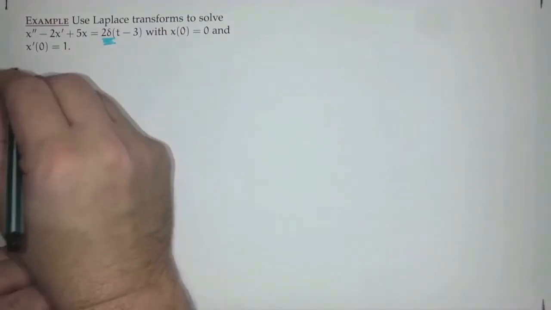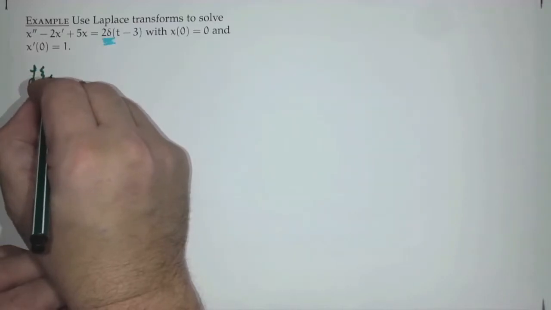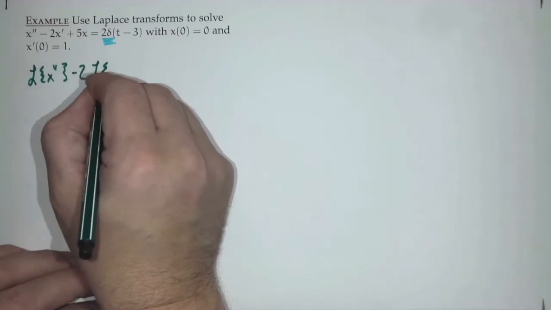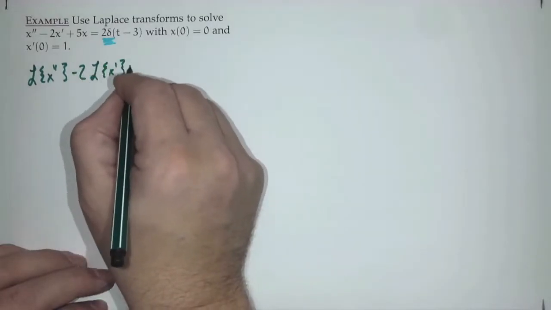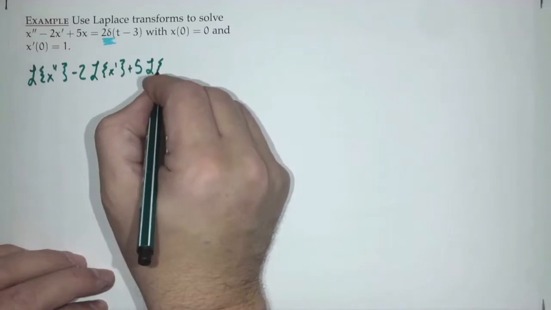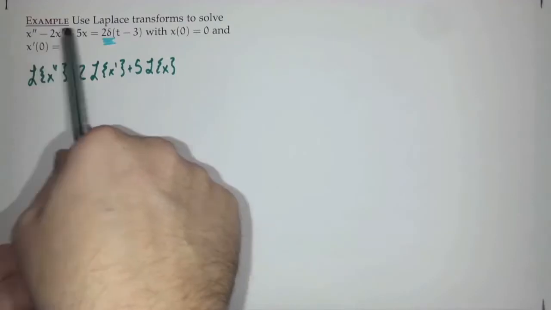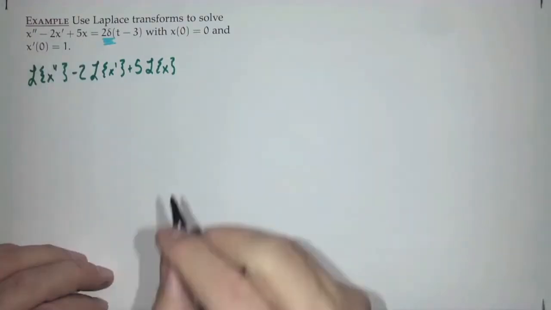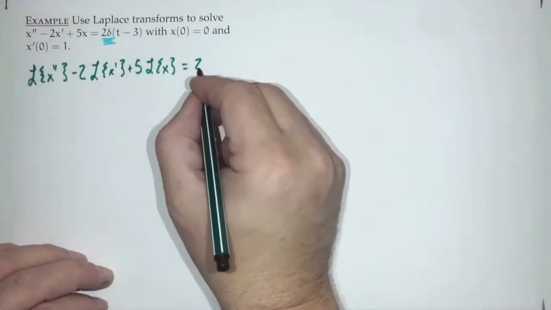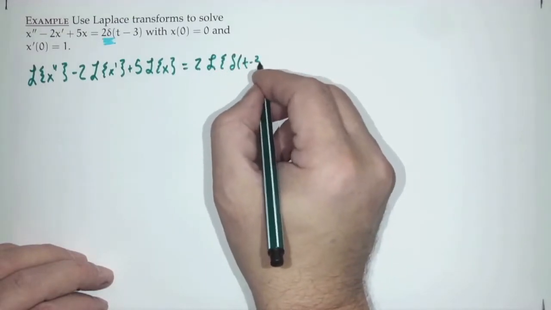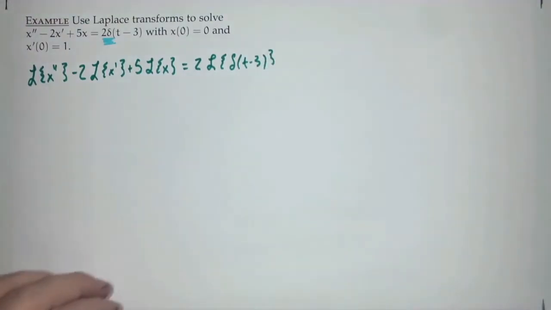So we take the Laplace transform of x double prime minus 2 times the Laplace transform of x prime plus 5 times the Laplace transform of x. This is using the fact that the Laplace transform is linear, so I can break up over addition and subtraction and pull constants out. This equals the Laplace transform of delta of t minus 3. Now we're going to go through term by term and figure out what's happening.